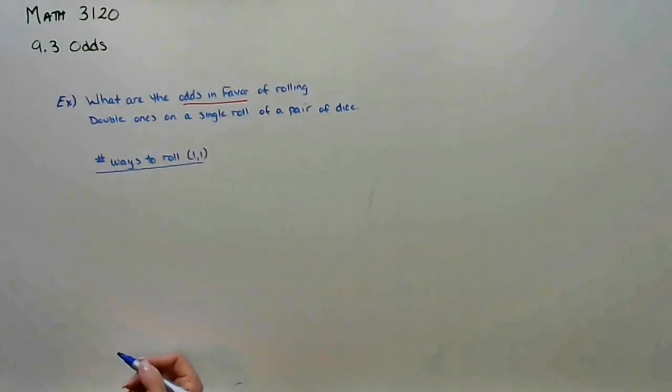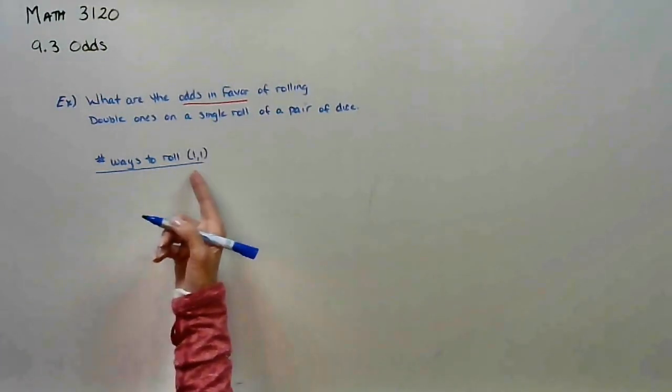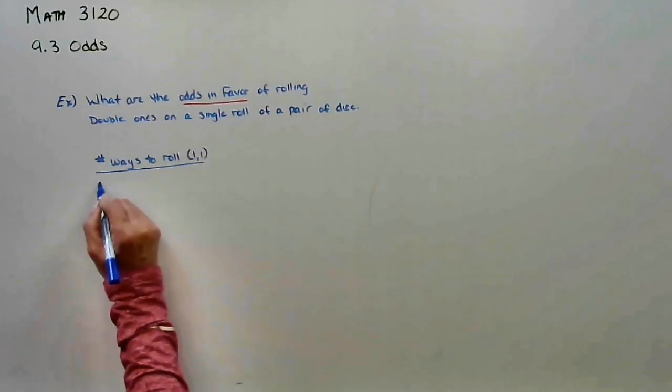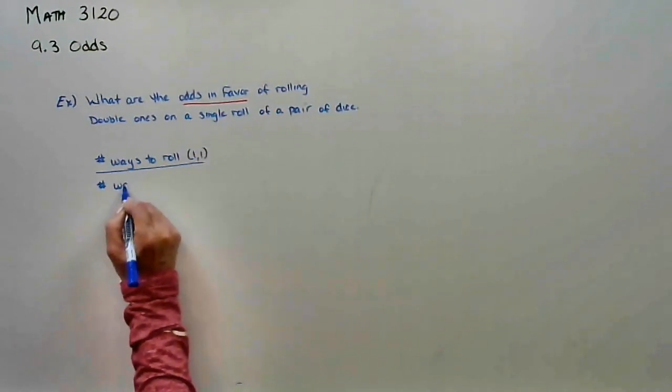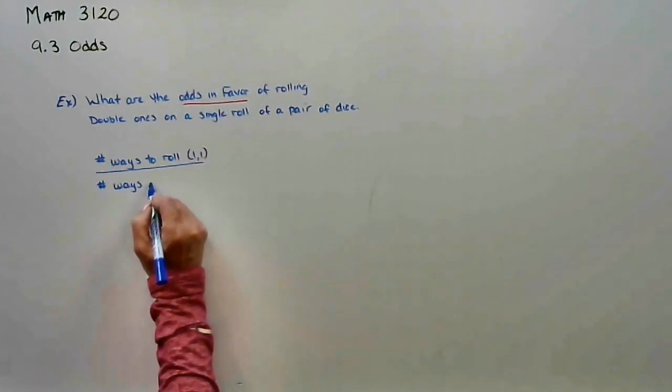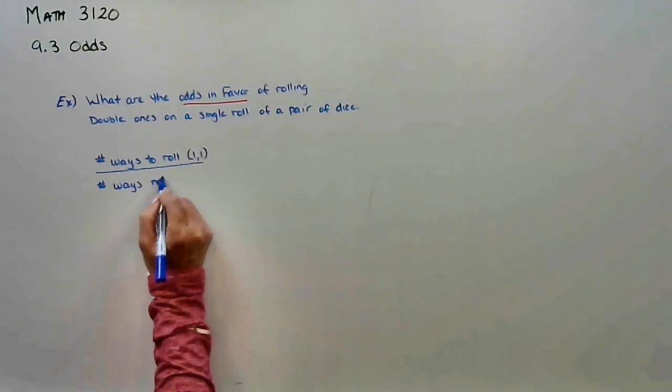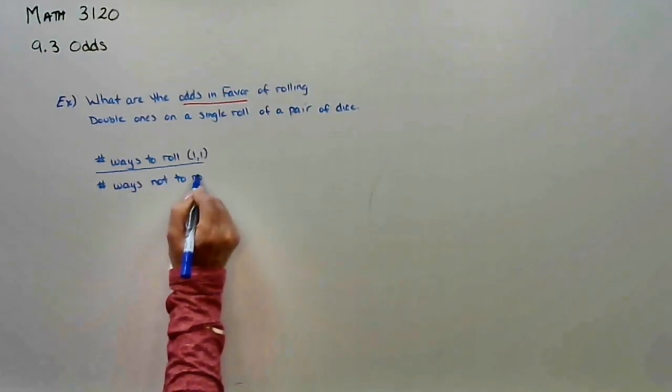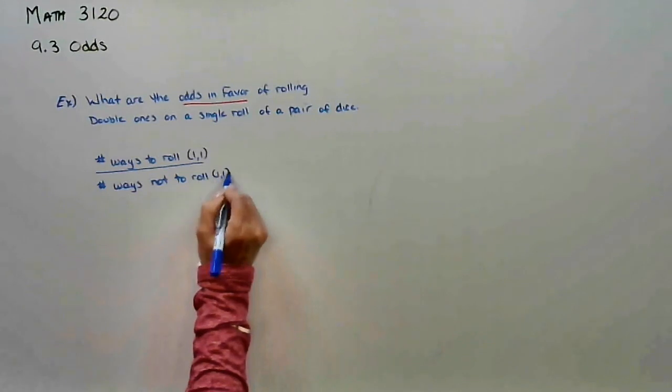Now, if it's probability, it's out of the total, but it's not probability. It's odds. So the number of ways we can roll a 1 and 1 divided by the number of ways not to roll a 1 and a 1.